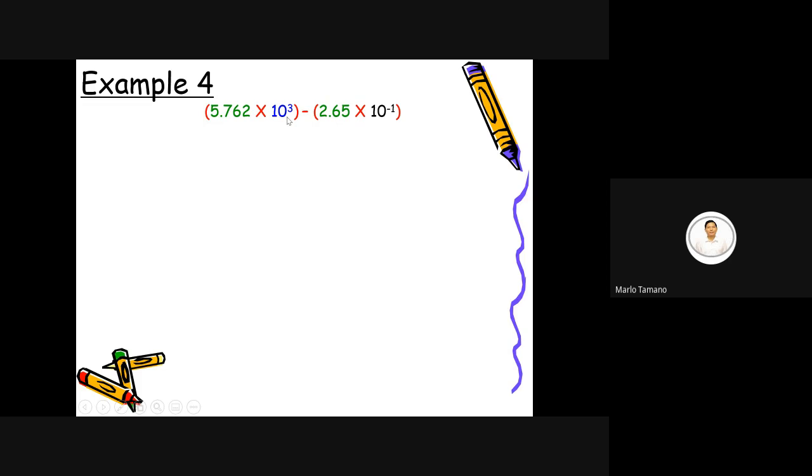So 0.000265. Then for the places we moved, we add 4 here. So negative 1 plus 4 is equal to what?